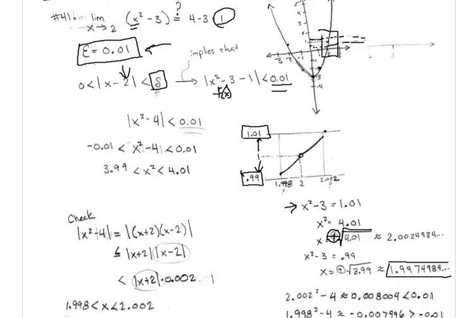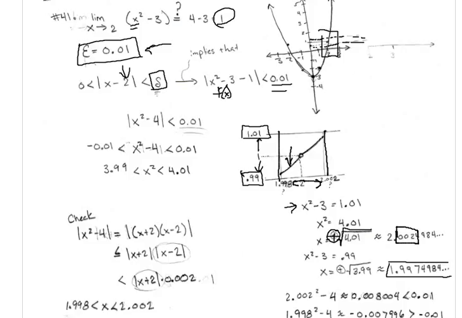So I can make a guess that my delta is probably close to around 0.002, looking at my two x values here. So I make that guess, and I go 2.002 to the right and 1.998 to the left, and I let that be the width of my box.